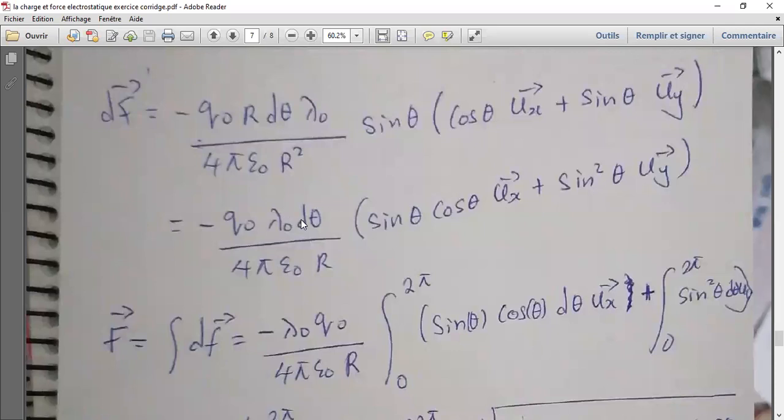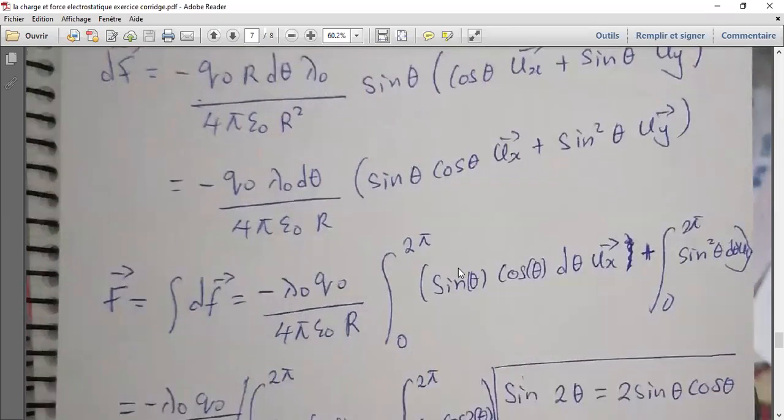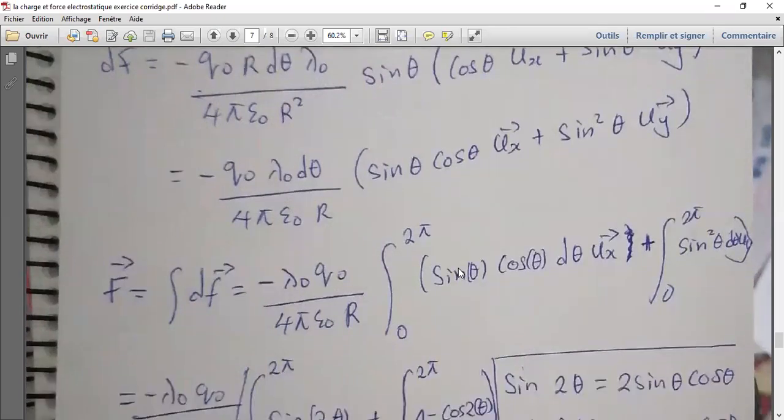So you have sin theta cos theta d theta plus sin squared theta d theta UY. This is what you are going to work with now. So how do you integrate this one? You have to be really careful when integrating, because a lot of people make mistakes when integrating.